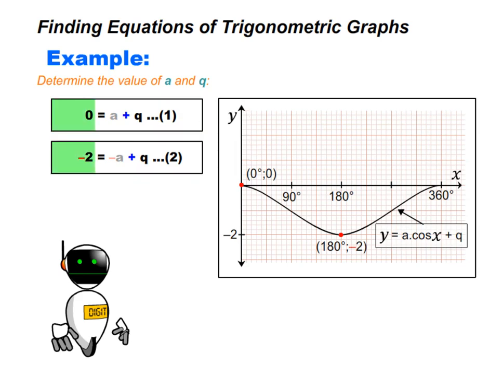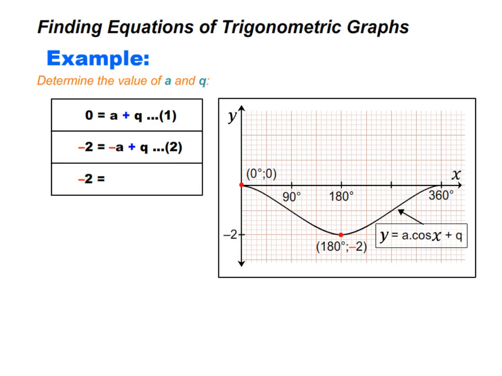On the left hand side, we have negative 2. We added this minus 2 with this 0. So far we have negative 2 on our left hand side of the equation. Look at this negative a and look at this positive a. Negative a plus a is equal to 0.